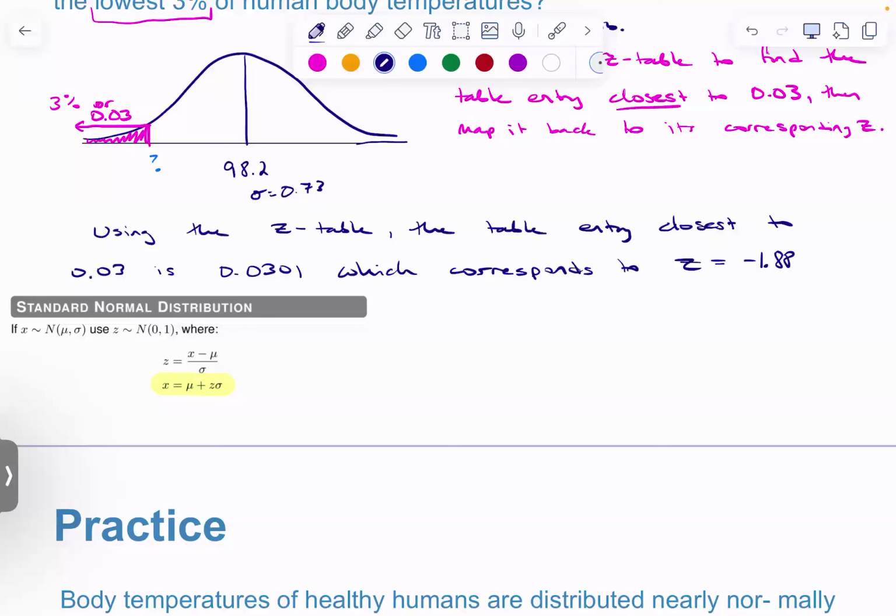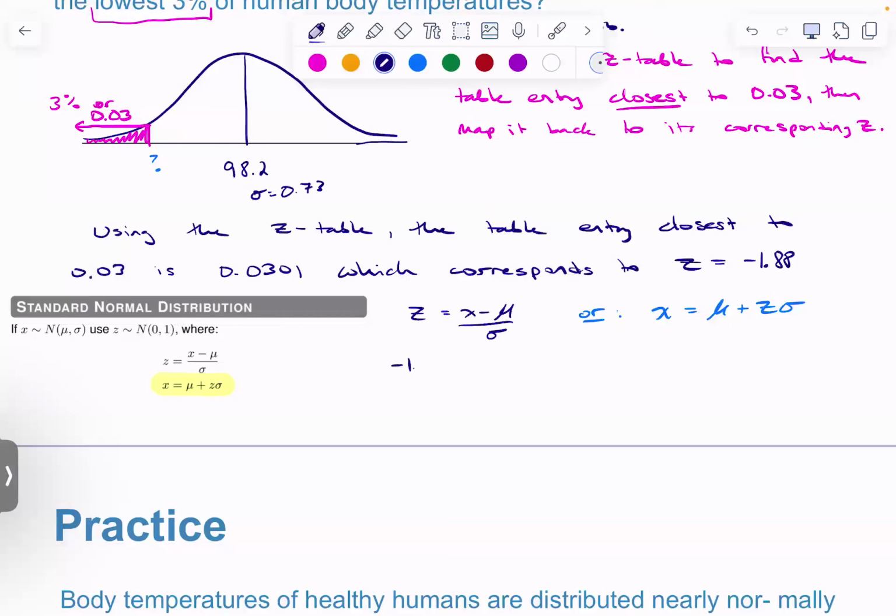So usually, right, Z is X minus mu over sigma. I'll show you how I would do it without that formula, and then beside it, I'll do it with the formula. So, or X is mu plus Z times sigma. It's just rearranged. So I'll start with our go-to formula, right?